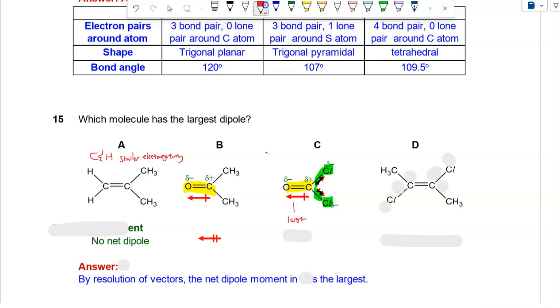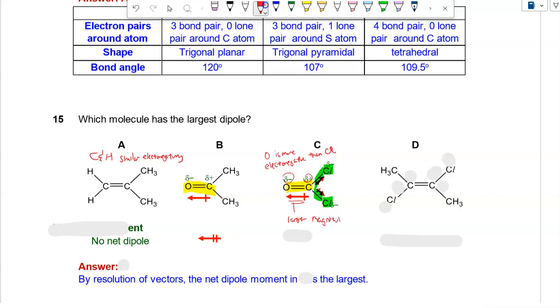Why? Because O is more electronegative than chlorine. So as a result, the difference in electronegativity between carbon and oxygen will be a lot larger as compared to the electronegativity difference between chlorine and carbon. So if you look at just vectors, this vector here will be of a larger magnitude.